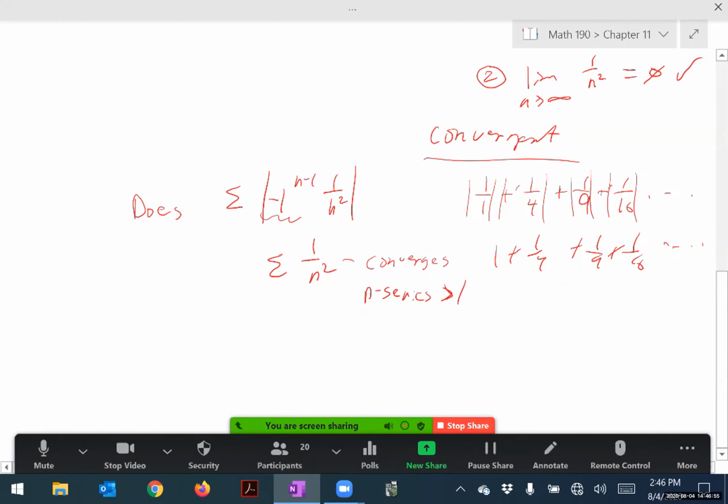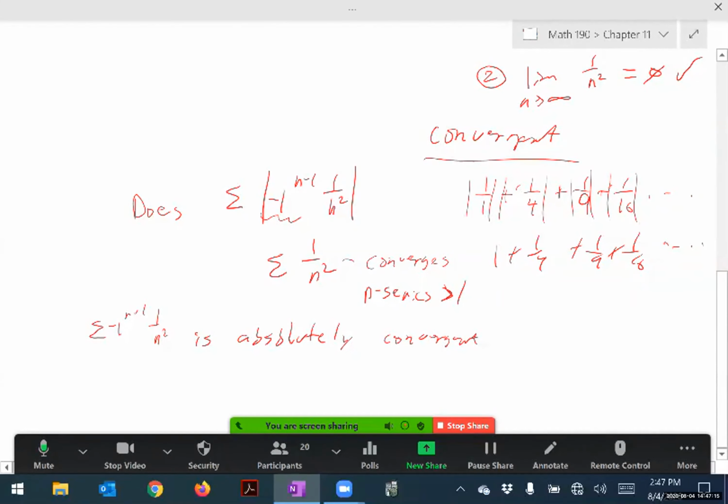We say that the sum of (-1) to the n minus 1 times 1 over n squared is absolutely convergent.